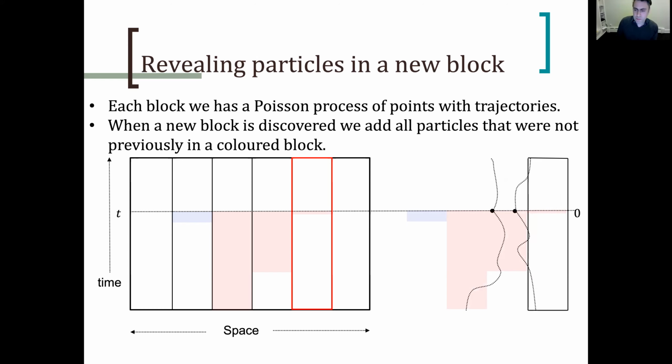These ones we keep and add them to the process. And their future trajectories we use for what they do in the future. So this is a way of constructing this process, and it's done in such a way that we can construct what we find in box B at the beginning, and this gives us more independence to work with.